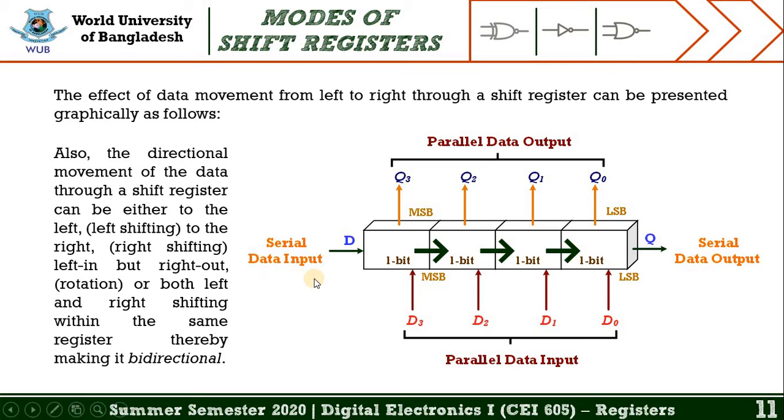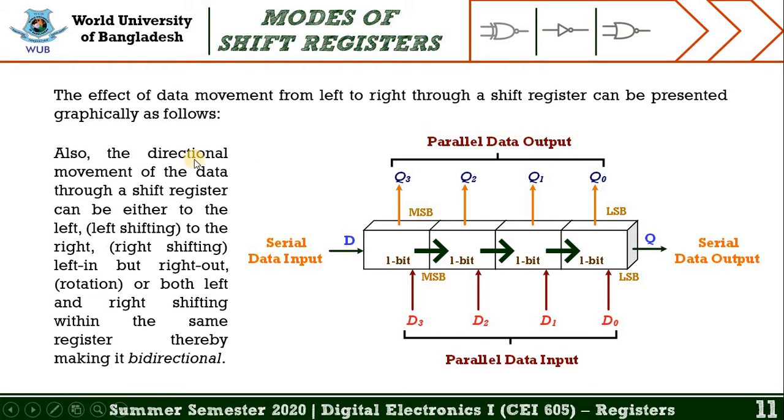On the left side you may find data input, which is serial, and on the right side you may find data output, which is also serial. On the lower side of the figure you may find data input, which is parallel, and on the upper side of this figure you may find data output, which is parallel.